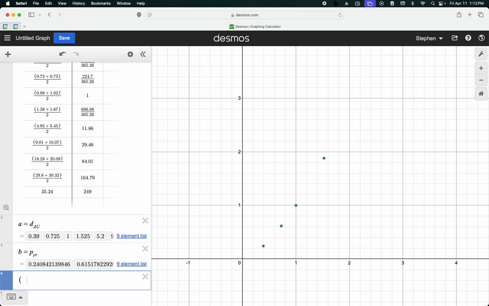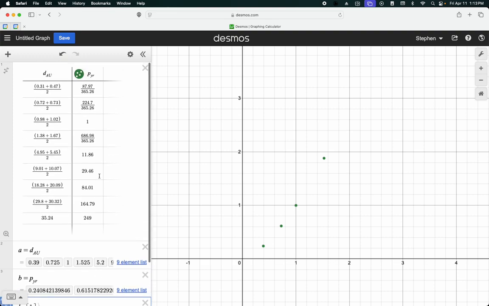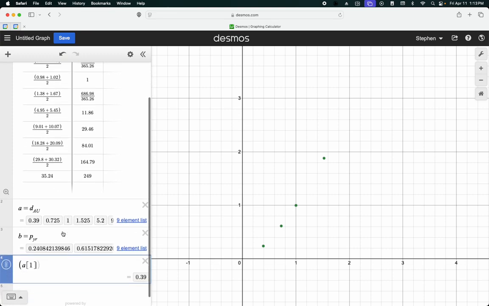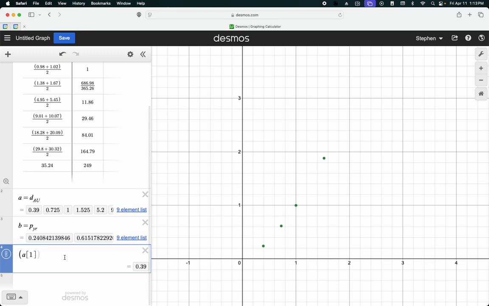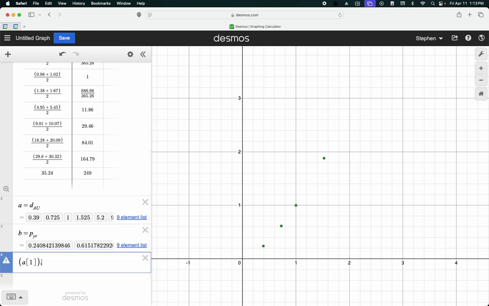The first one is going to be A at offset 1, just referring to the first item in the list. So parentheses A bracket 1 gives me the first item, and then B bracket 1 gives me the second item.